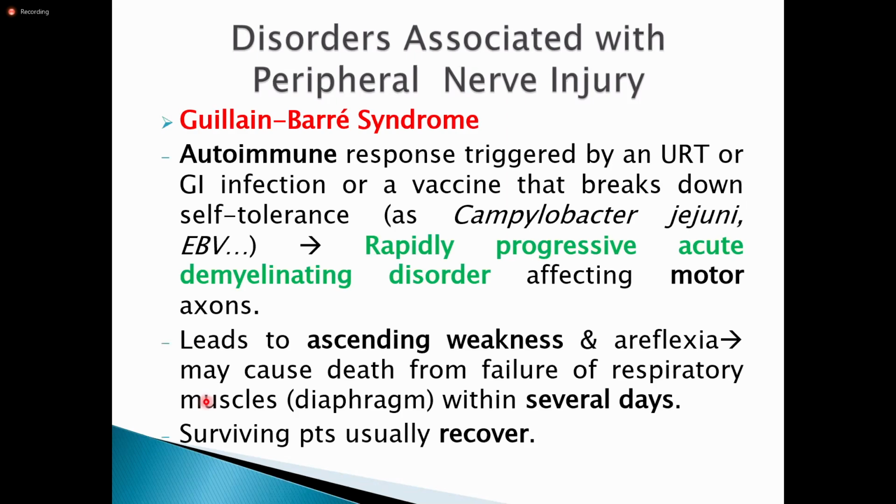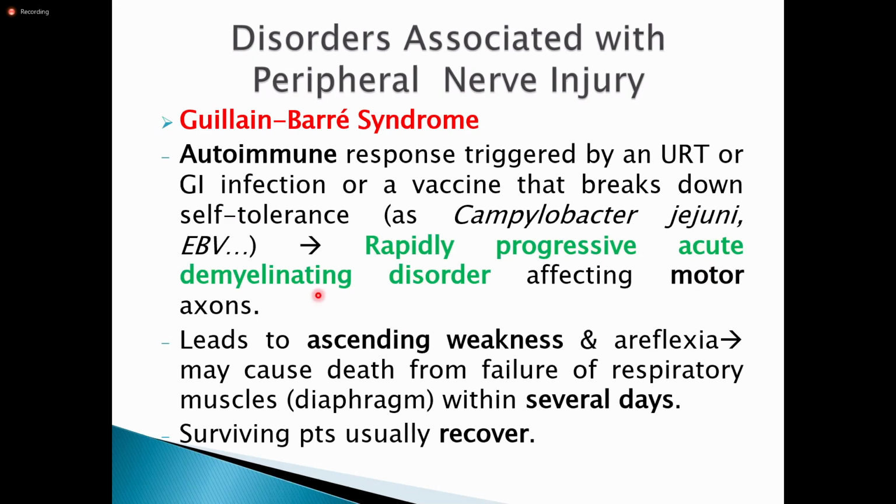Guillain-Barré syndrome is one of the diseases that has sad stories. These people who have Guillain-Barré syndrome are all of a sudden healthy. Guillain-Barré is an autoimmune response triggered by respiratory tract infection or GI infection or a vaccine that breaks down self-tolerance, like Campylobacter jejuni or EBV.